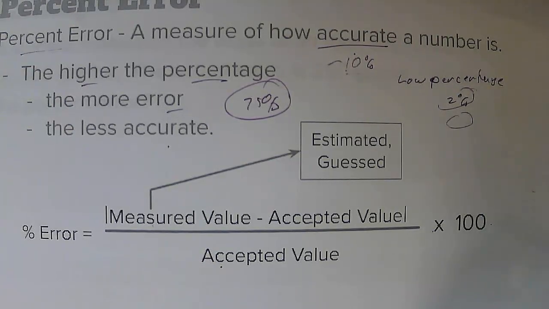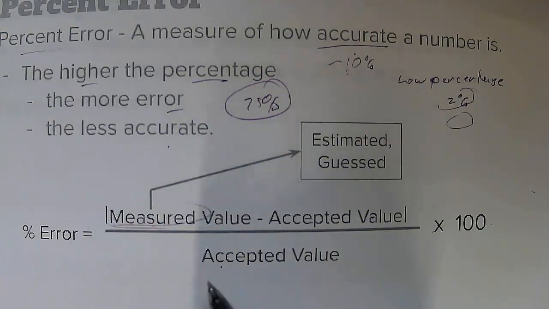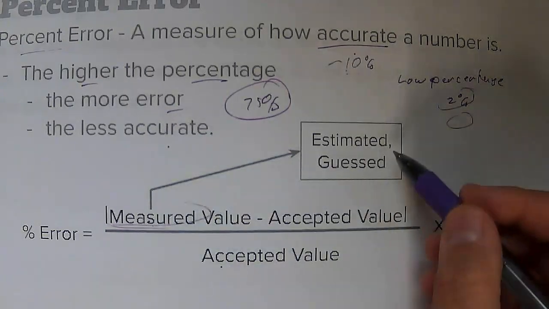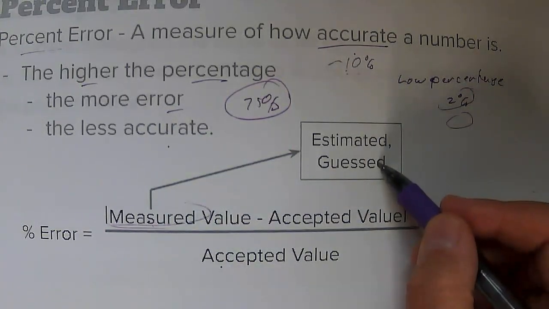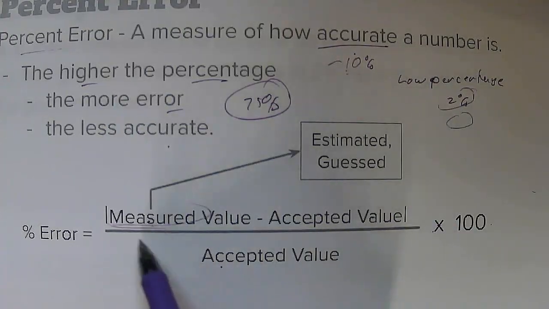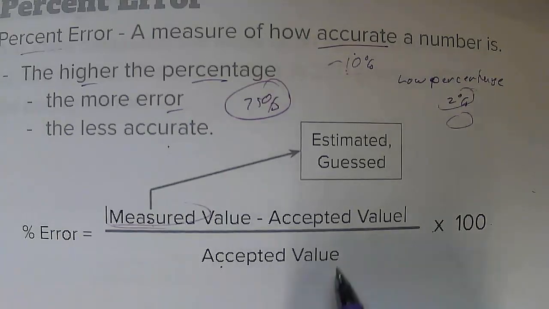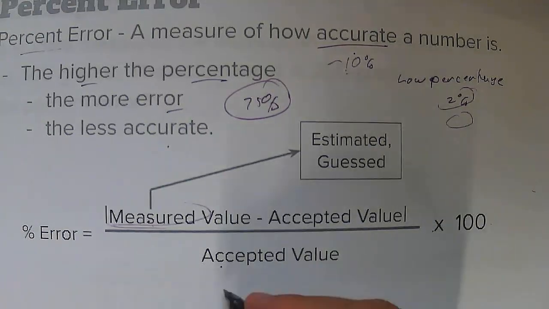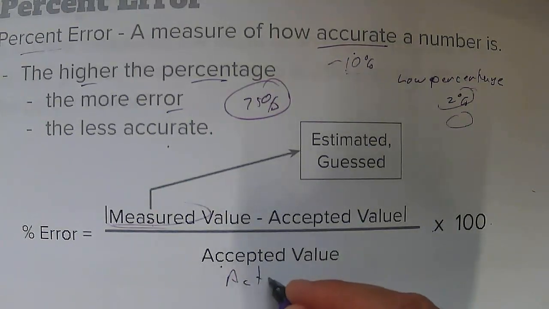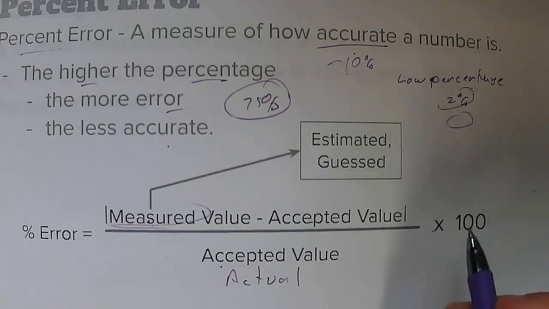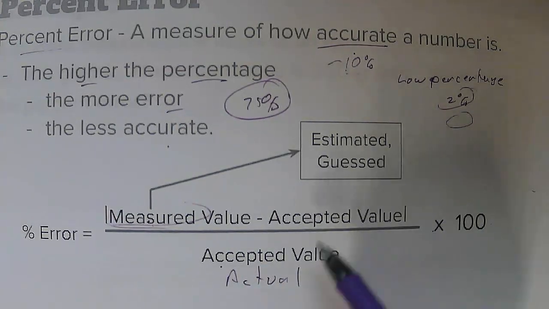Some of the vocabulary: the problem may not say measured, it may also be estimated or guessed. It's whatever the scientist or the person comes up with. The accepted value may also be written as the actual value. That vocabulary is usually more of the problem than doing the math, making sure you know which value is which.